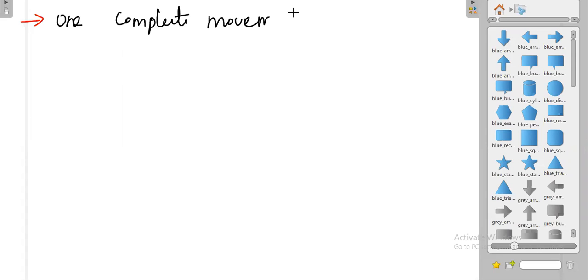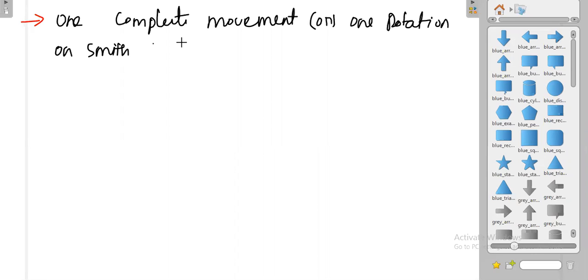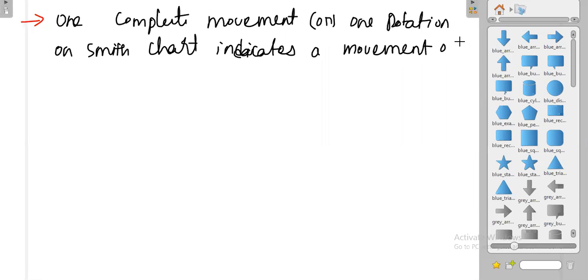One rotation on the Smith chart indicates a movement of lambda by 2, that is, how much distance you have moved physically in a transmission line.